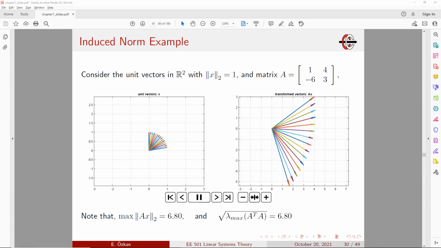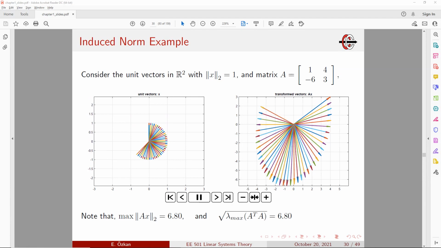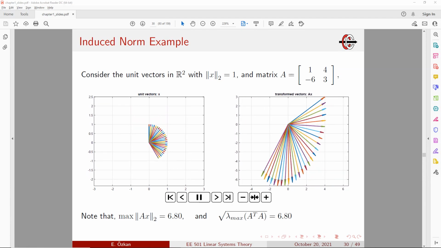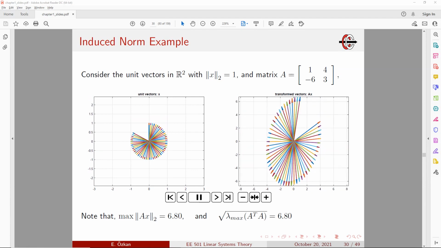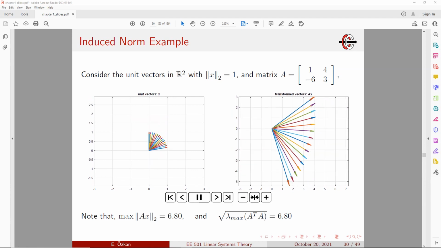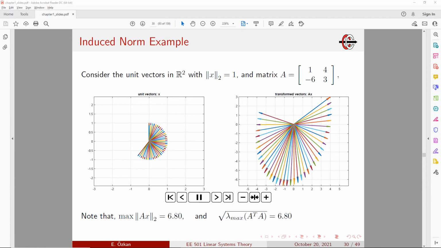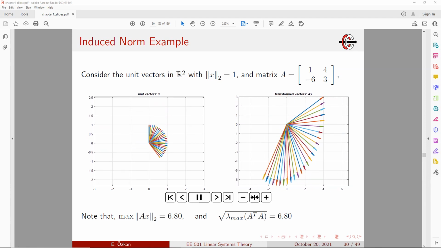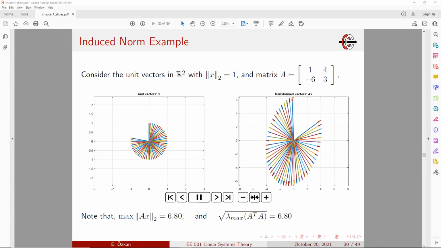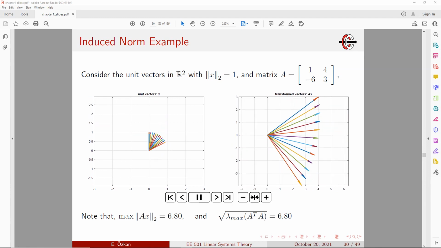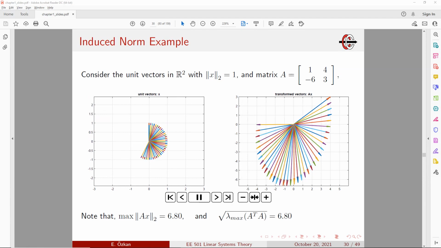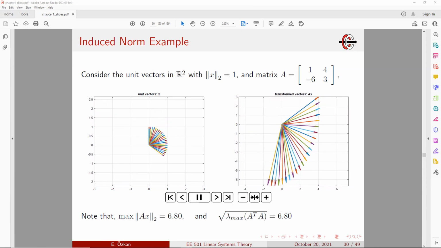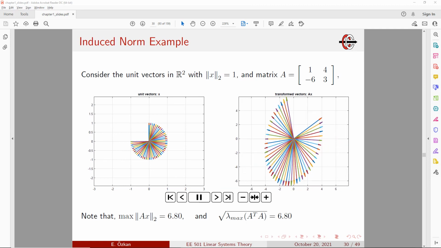This A matrix times x corresponds to another vector. So these are the vectors x with unit norm, and these are the A times x vectors, and they have different norms. The induced norm simply says choose the vector which has the maximum value of the norm of Ax.